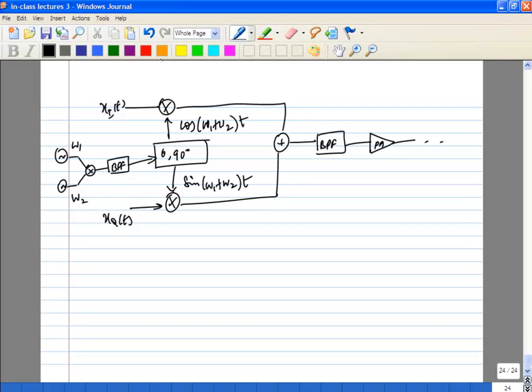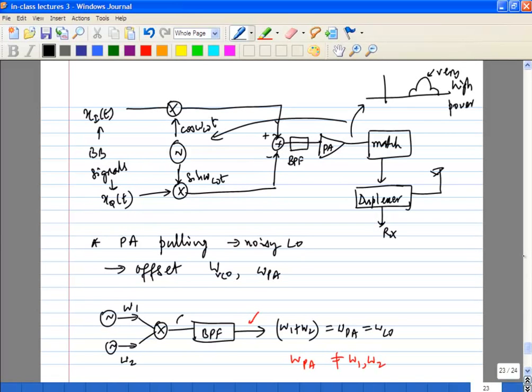You'll have 2 VCOs to generate omega 1, omega 2. So the idea is very simple. Well, the idea is not very simple, but the concept is very simple.